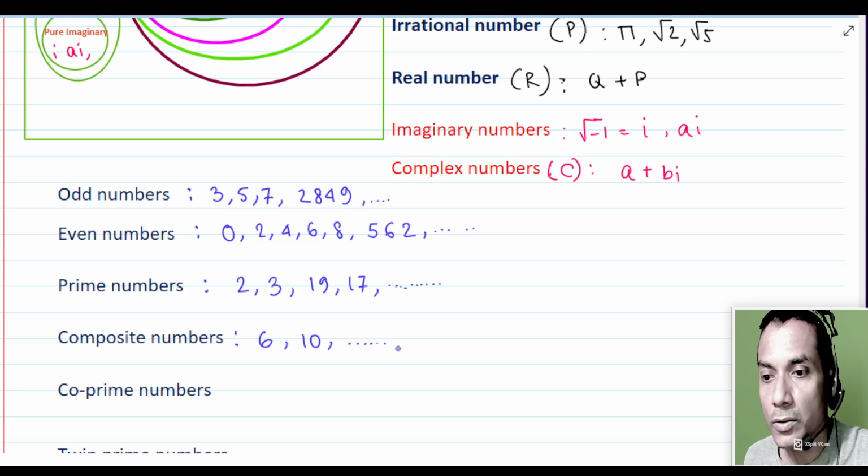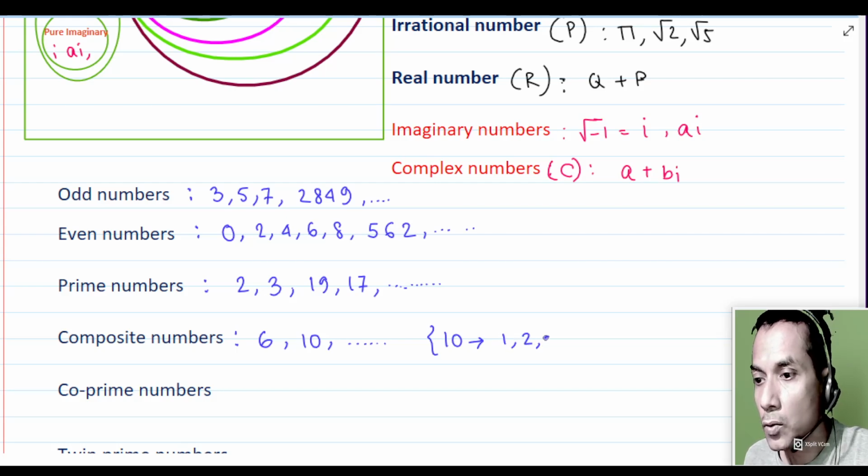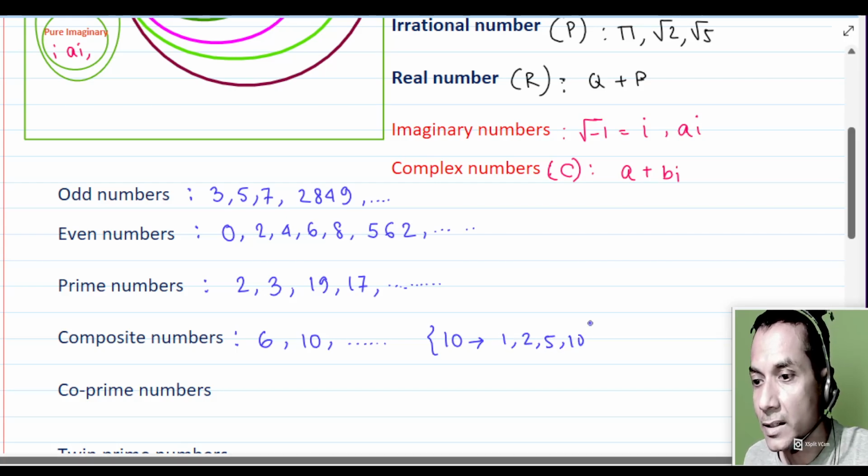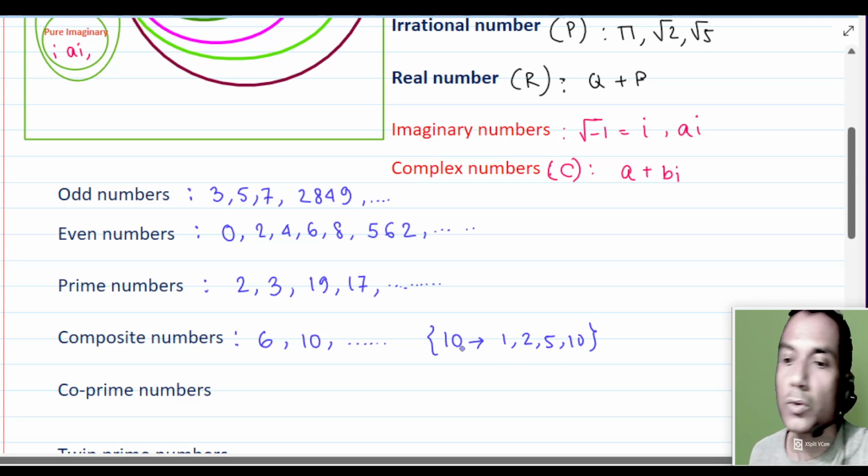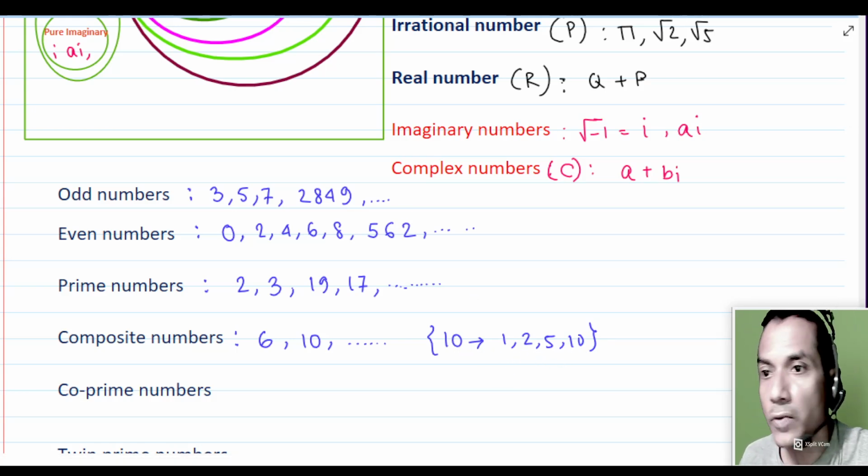If the number has more than two factors, for example 10, it is divisible by 1, 2, 5 and 10. So there are more than two factors, extra factors other than those of a prime number.